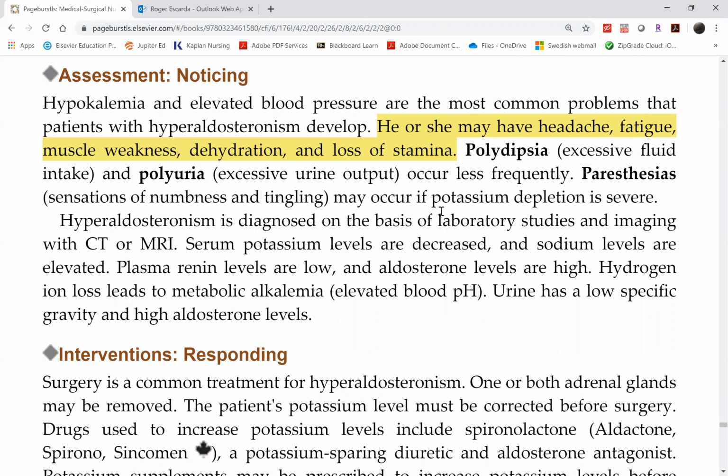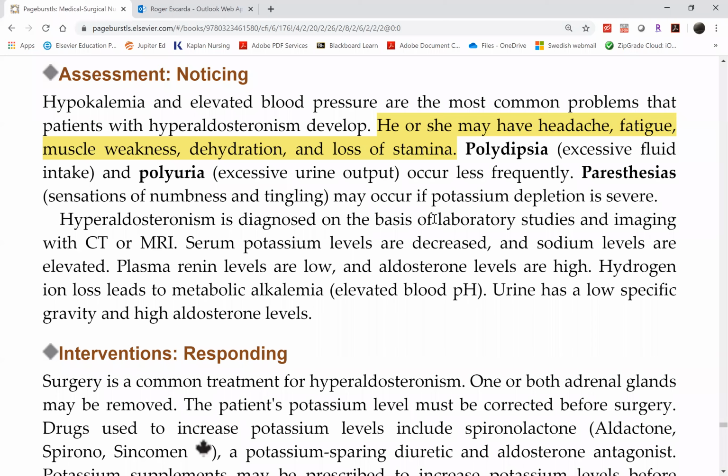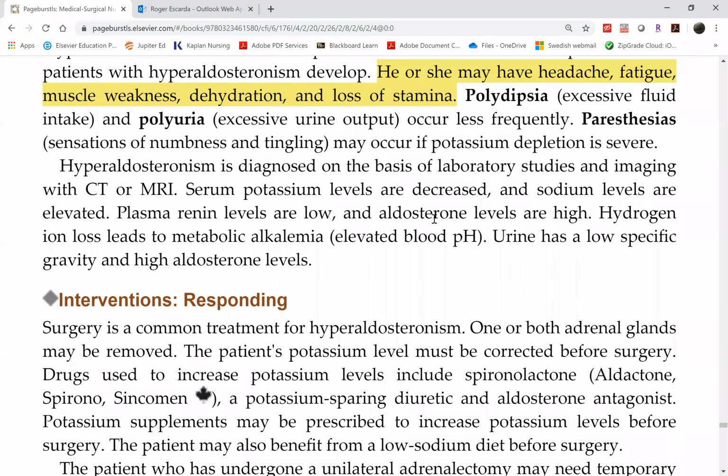The treatment, of course, is the removal of that. Until then, you just need to keep the patient alive through blood pressure medications and also other medications like spironolactone, for instance, because we have hypokalemia here. With spironolactone, you hit two birds with one stone: you have a diuretic, which will correct the potassium and sodium levels.